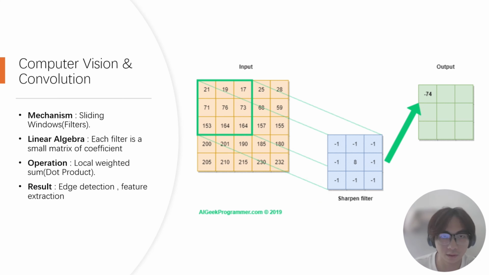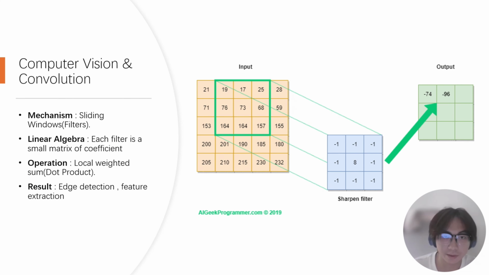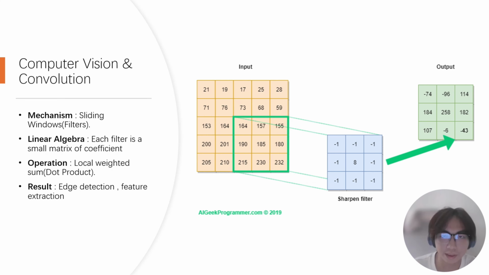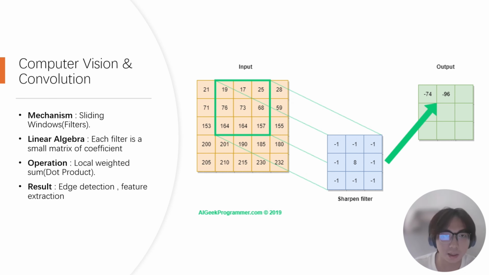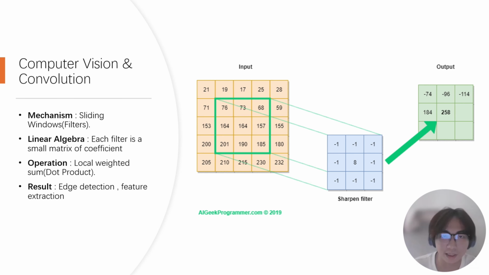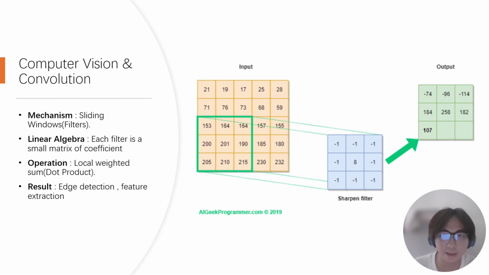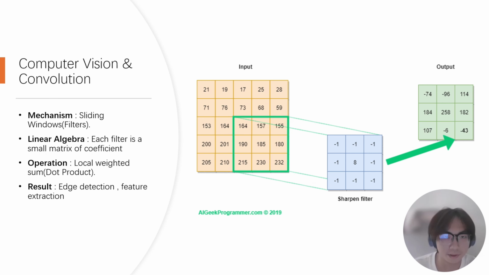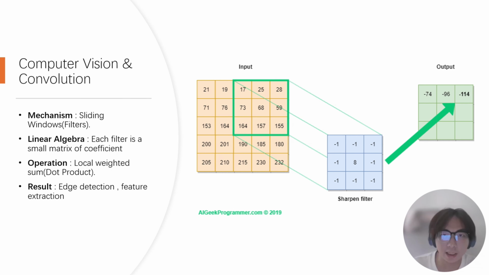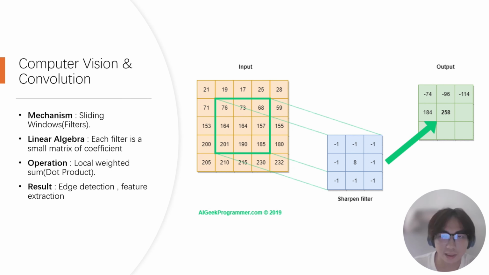Let's move to a specific application, computer vision. How does a self-driving car see a stop sign? It uses a technique called convolution. While it sounds complex, it relies on a simple linear tool called sliding windows or filters. Look at the green box on the slide. That filter is actually a small matrix of coefficients.